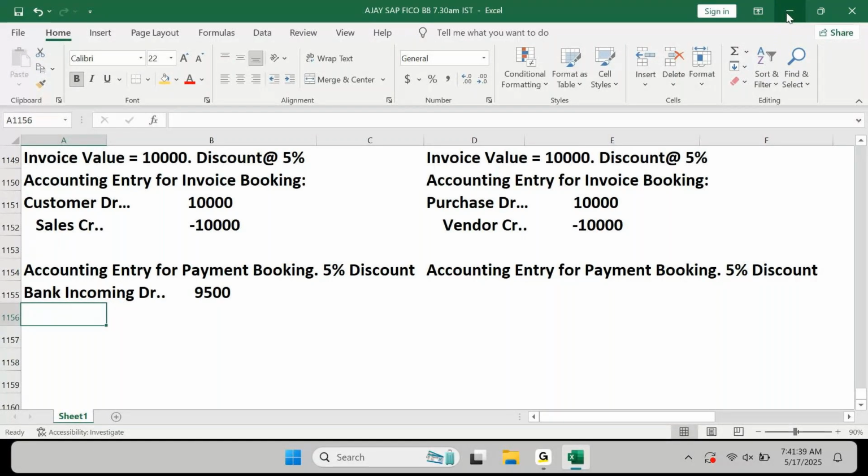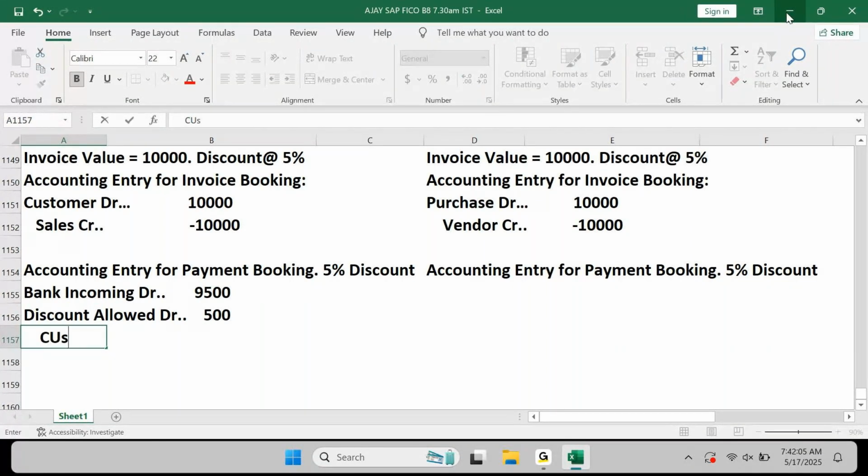Bank incoming debit. Then discount allowed debit 500. Because discount, is this an expense now? Yes, sir. And then customer credit 10,000.